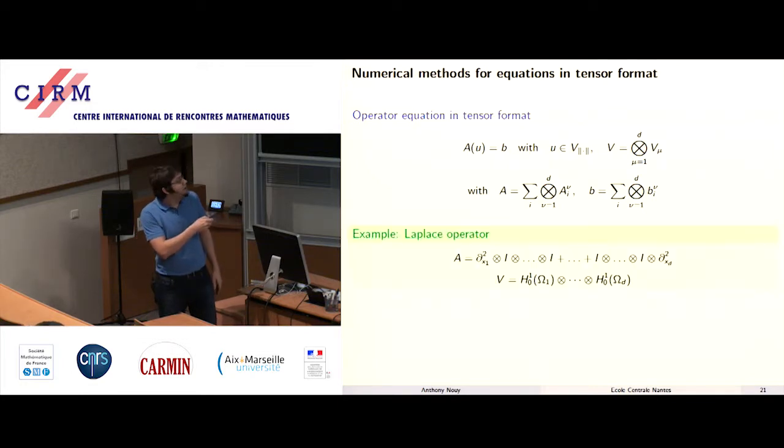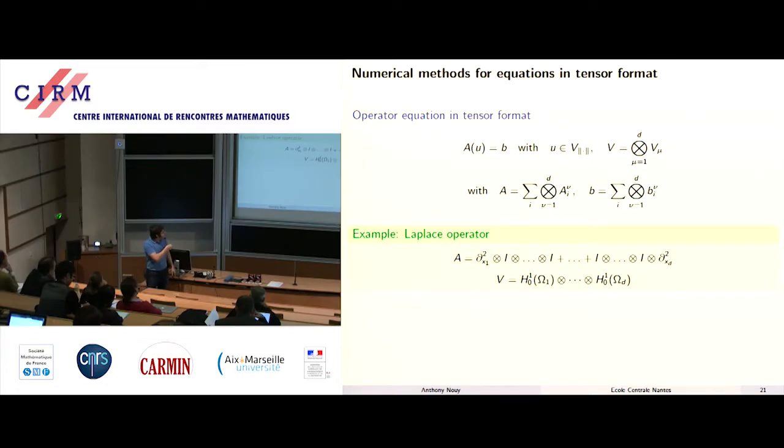Examples of this are quite classical. The Laplace operator can be seen as a rank d tensor like this, which is a sum of d operators. Here you see you have only the differentiation with respect to the first variable, then the second, etc. So this Laplace operator has a tensor structure with a finite rank.